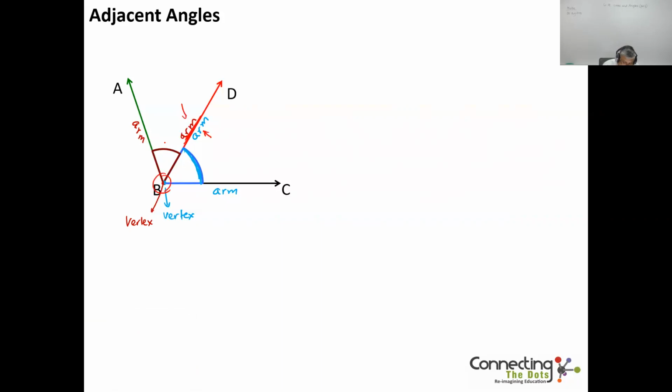Then the two angles, 1 and 2, are called adjacent angles. So whenever you have this kind of situation, that they share the common vertex and one common arm, then it is called adjacent angles. And it's very important to understand that there has to be a common arm. Now there is one more condition.